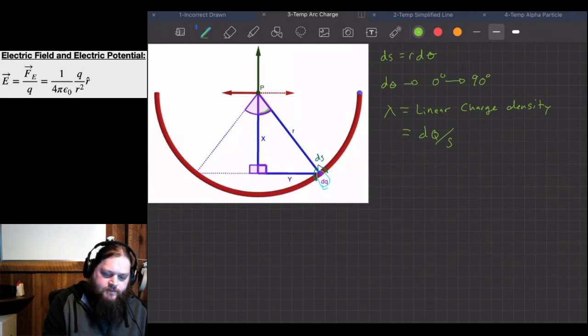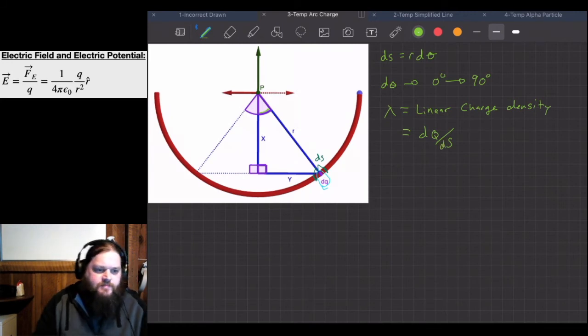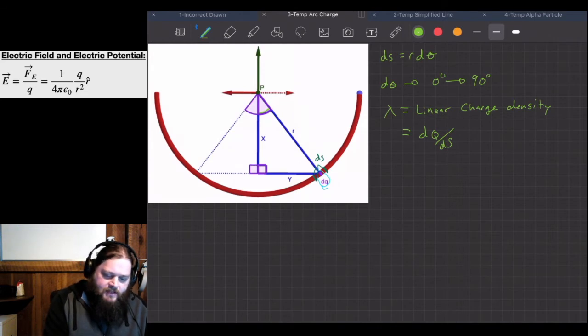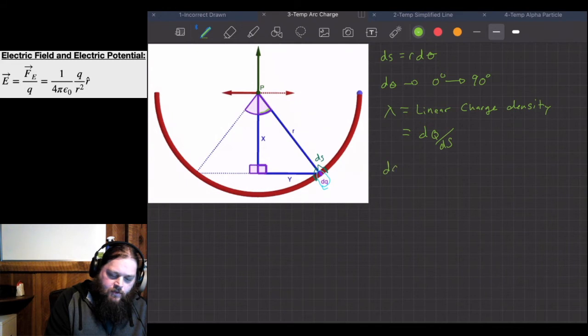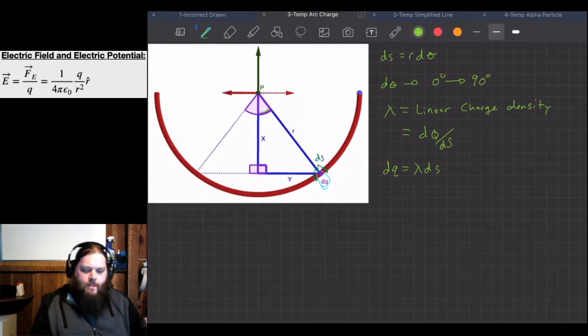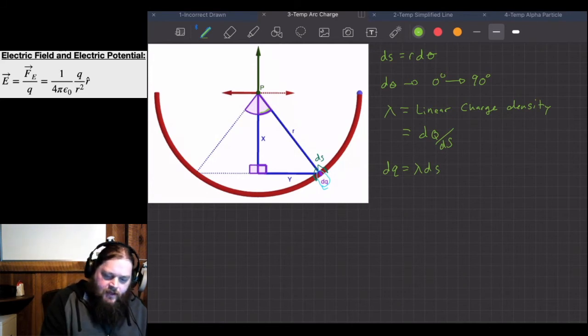Yeah, dq over ds. So since that's equal to lambda, we can rearrange this a little bit and say that dq is equal to lambda ds. Which, if we substitute in our definition up here, is equal to lambda r d theta.